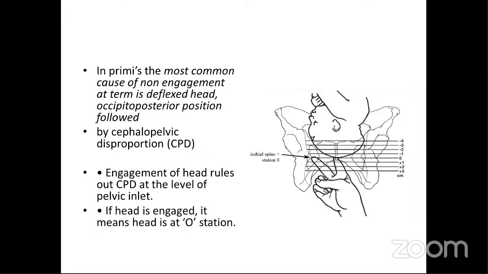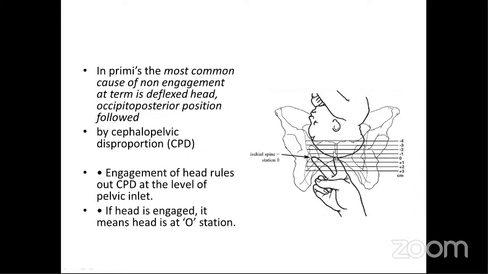So you call it 4/5 palpation. When engagement occurs, almost half of the fetal head goes down. So ideally, when there is engagement, you should be able to feel only 2/5 width of the fetal head per abdomen.